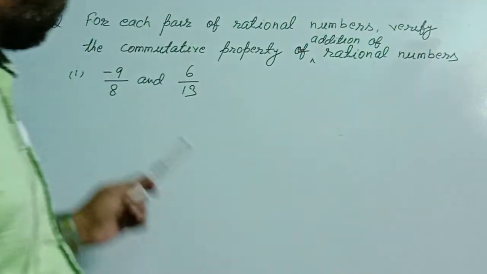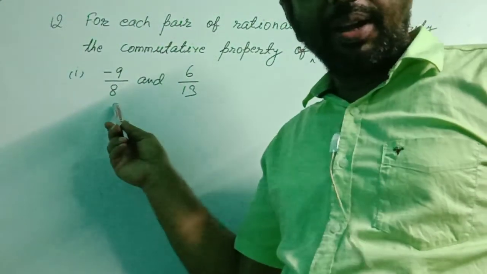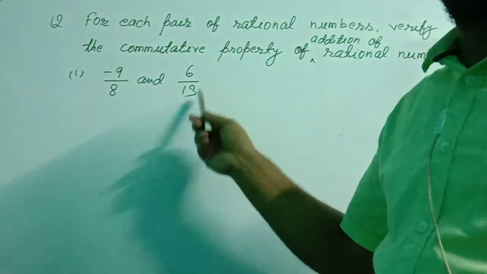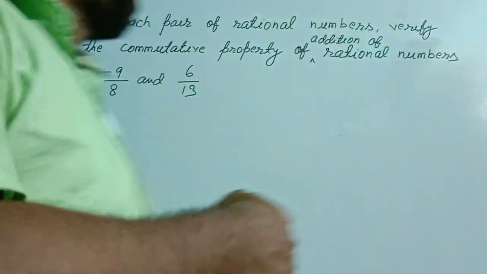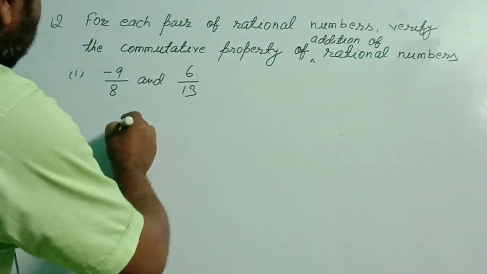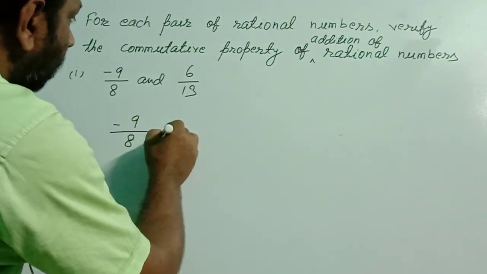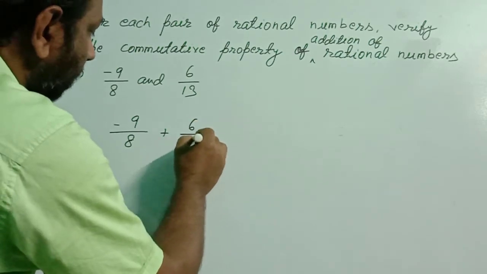Here at the place of a by b, we have minus 9 by 8. At the place of c by d, we have 6 by 13. Let us verify it. First of all, we write minus 9 by 8 plus 6 by 13.